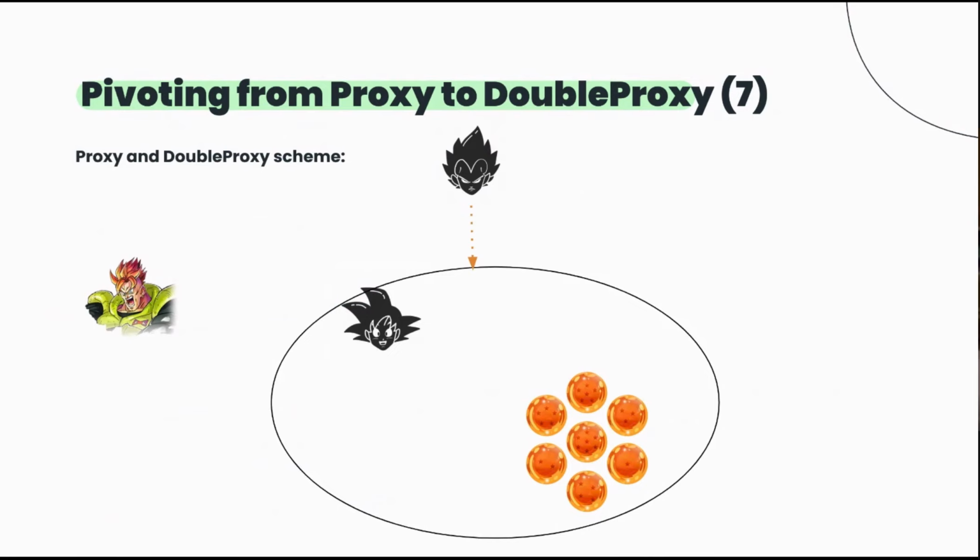As we said before, Vegeta keeps track of all the proxies that we had in the past and the current one, and manages all the functionalities inside its state.